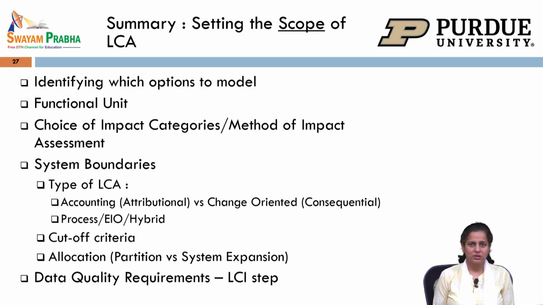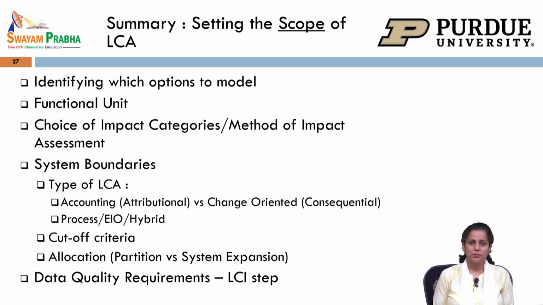We can also use simple allocation rules of mass based allocation, energy based or cost based allocation. But ISO prefers not to allocate. So, in case of joint production, you can do a system expansion approach to actually ascribe some of the impact to the product of your focus, and you can ignore rest of it by using the system expansion approach.